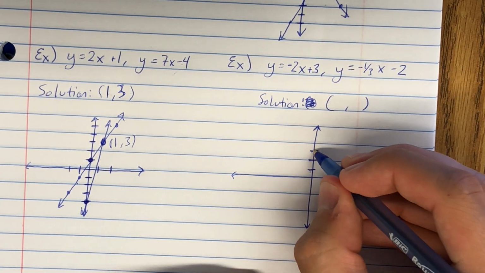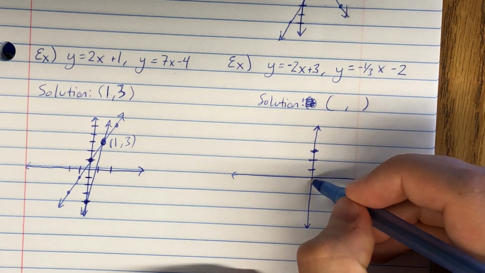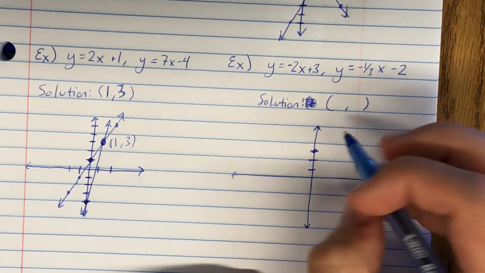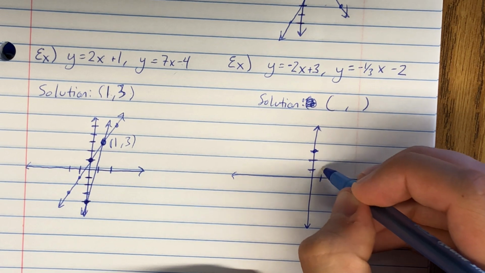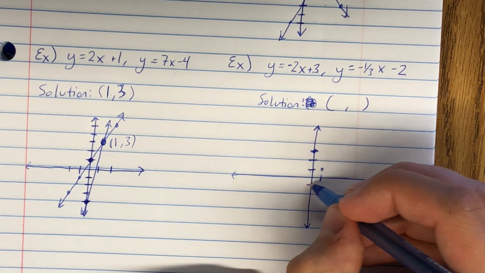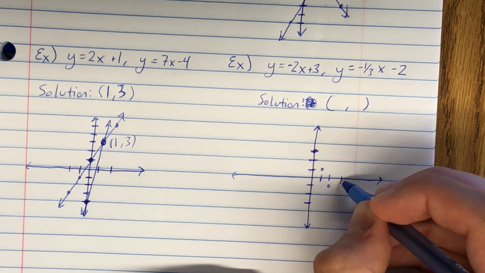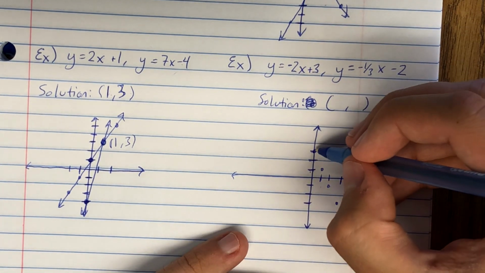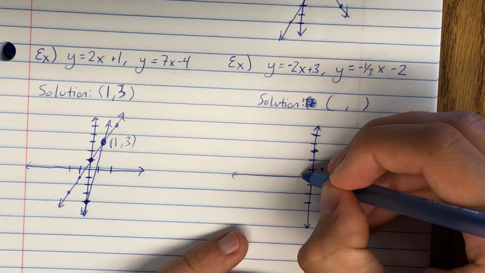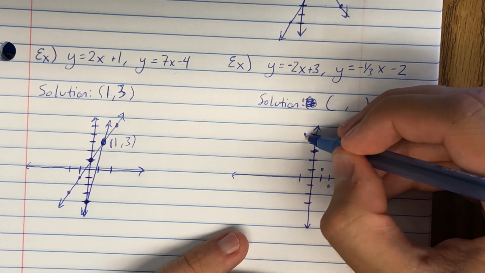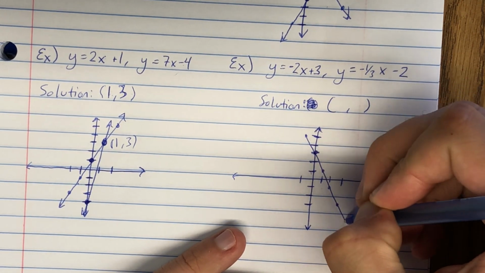So it's at y value of 3, x value of 0, and then we're going down 2 over 1, down 2 over 1, down 2 over 1. And then we would also go up 2 to the left 1 in the opposite direction.